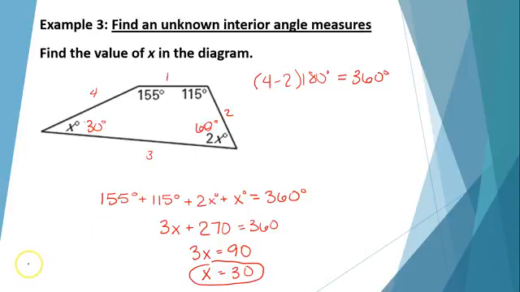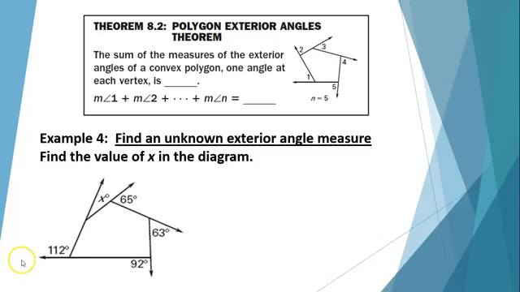Okay, now let's take another look at something to do with our exterior angles of polygons. Again, here is the polygon exterior angles theorem. We looked at this in class also in an activity that we did, and we discovered that the sum of the measures of exterior angles of a convex polygon is equal to 360 degrees.